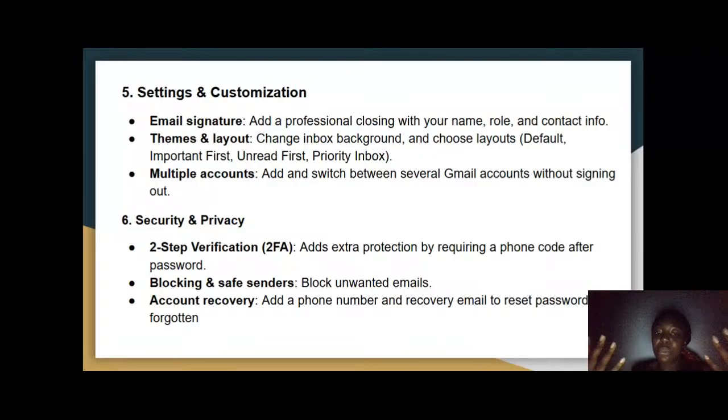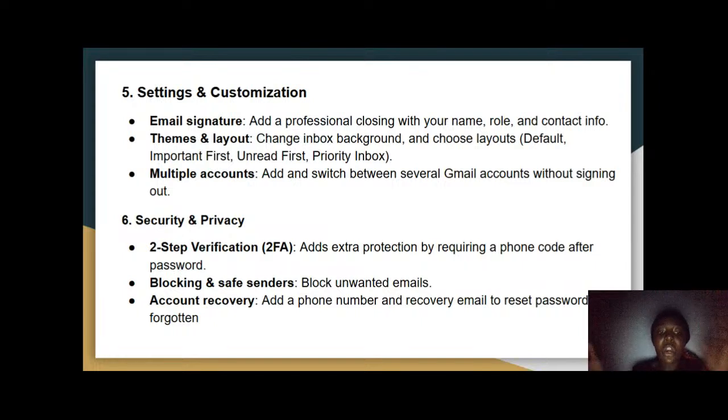Something can happen, you know, you may have forgotten your password. So that is why they made it okay. Let us add a recovery email. It can be one of those emails that you have, or you can add a recovery phone number.